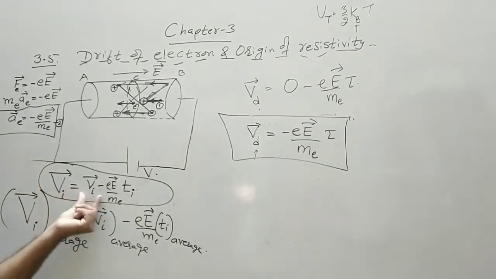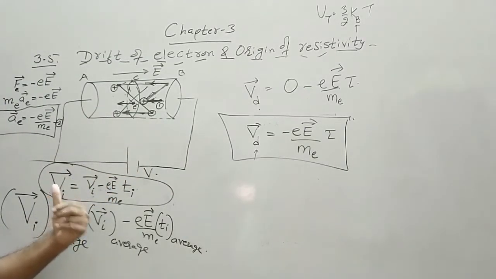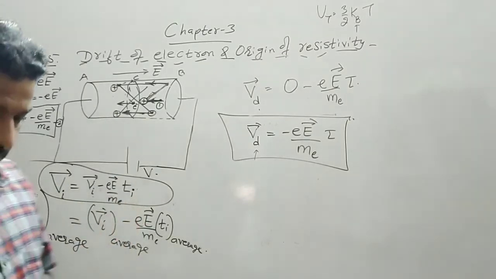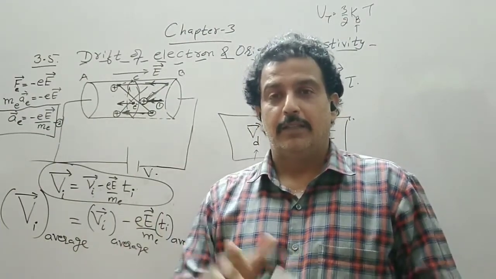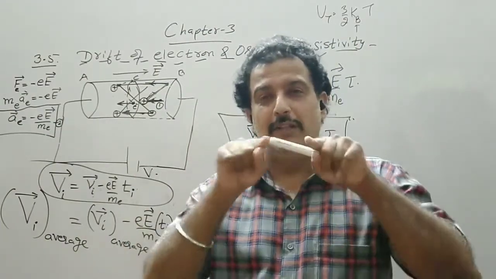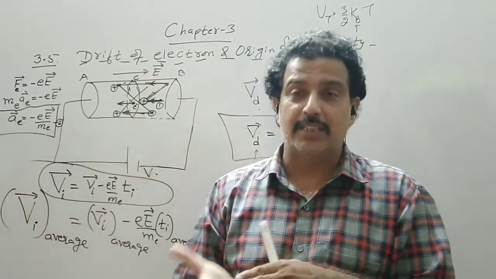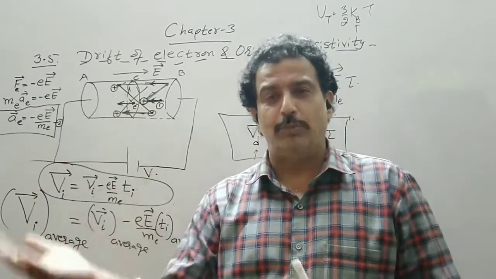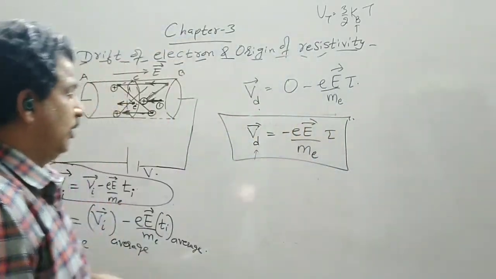For the first particle the initial velocity is u, so there will be another particle with minus u. If the first particle has a certain relaxation time, there will be another particle having the same relaxation time. Their direction is the same, so they will move together. But if there is a third electron whose relaxation time is different, its v will be different. If it comes out to be less, it will be behind. If it comes out to be more, it will be ahead.